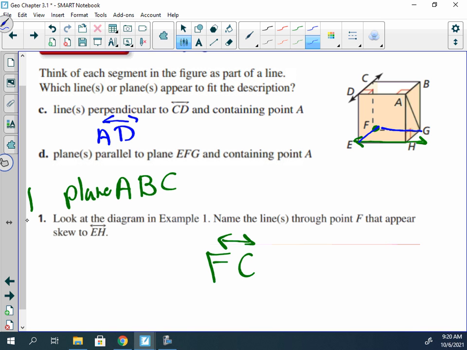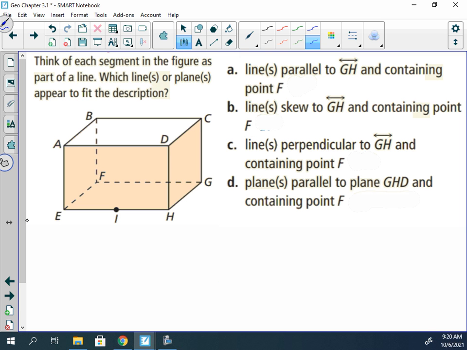Any questions on this here? So lines that are parallel to GH and containing point F. Yes.